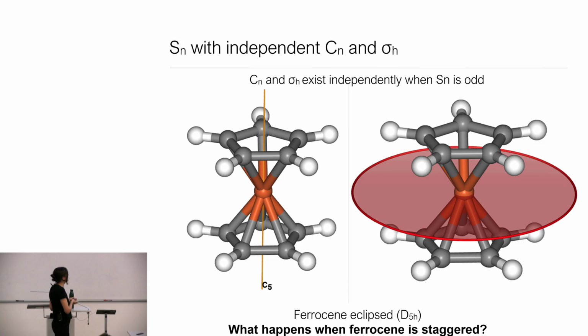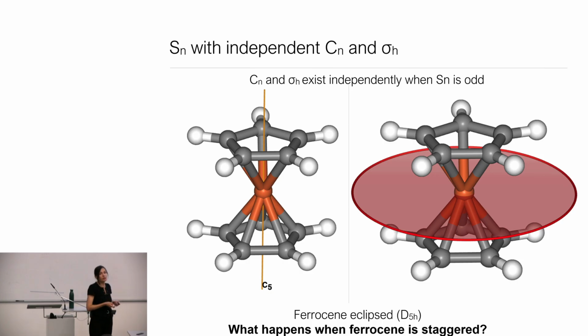And so this is an example that you can very easily see in eclipsed ferrocene. This is something that, for those of you who know your point groups already, would immediately look at and say it's D5h, right? And you can see that because it is eclipsed, that every carbon is above the other carbon, when I rotate it by 1/5 of a rotation, everything actually overlays each other. And because it's fully eclipsed, a sigma h plane actually also exists through the center of the molecule.